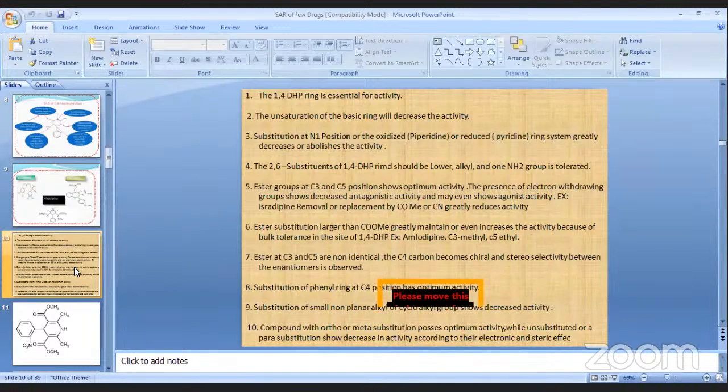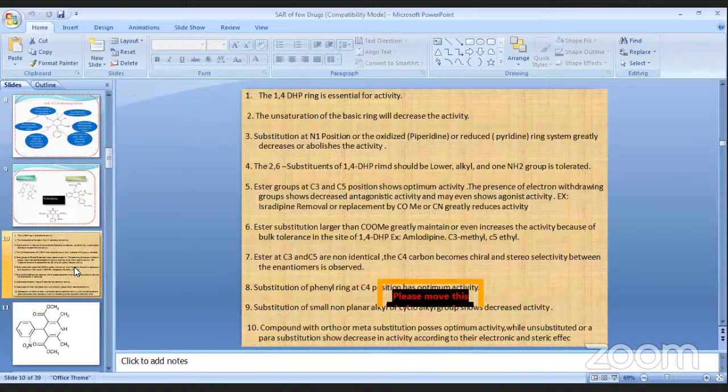But if C3 is methyl and C5 is another group, then the C4 carbon becomes chiral, and you can get enantiomers, the S isomer and the minus isomer, where one is very active. So chirality at C4 is very important, and with compounds like nicardipine, the chirality is different and you get a better compound.